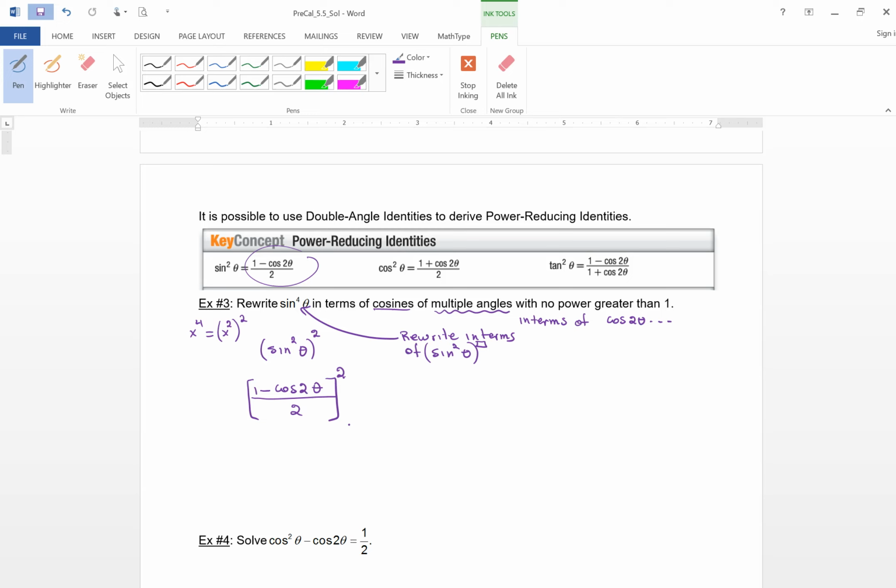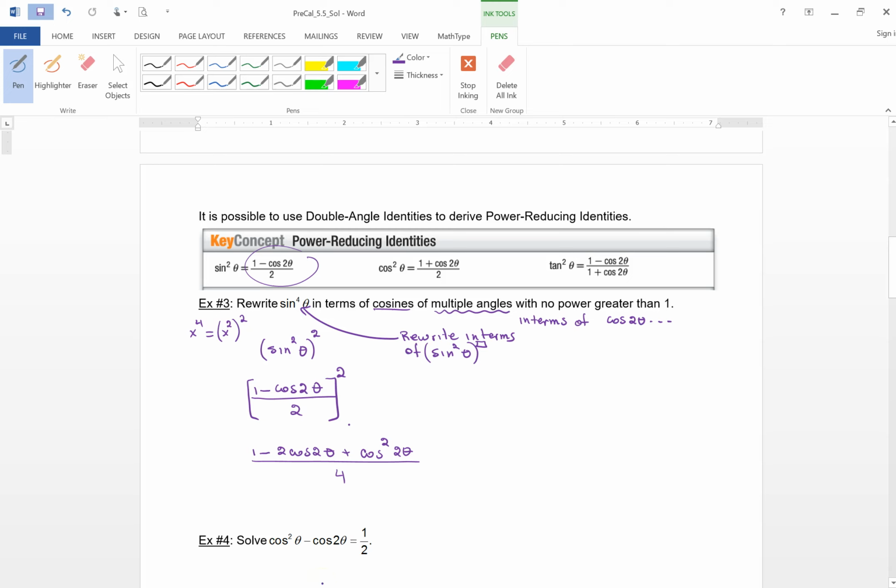So now what I'm going to do is FOIL this one. In the numerator, this is going to be a fraction: 1 minus 2 cosine 2 theta plus cosine squared 2 theta, over 4.